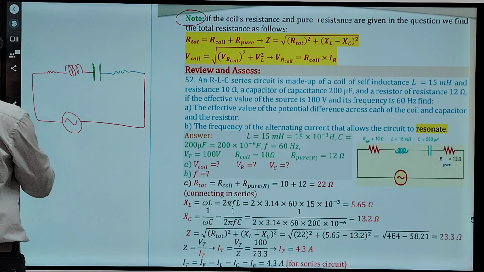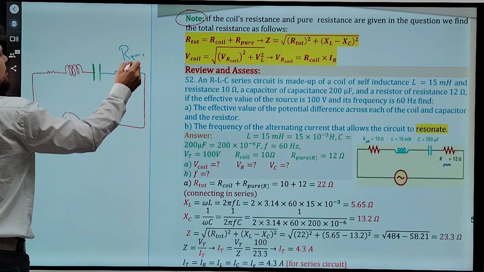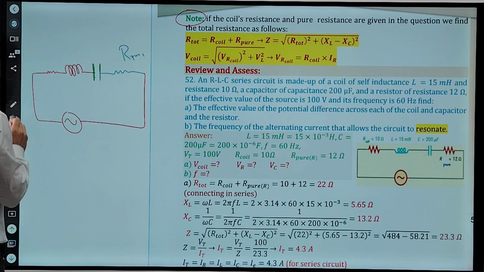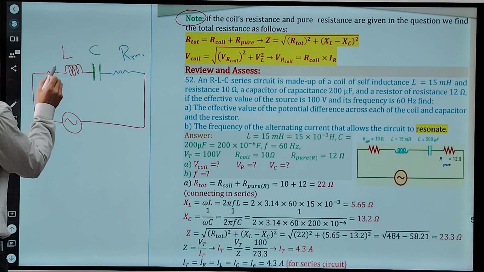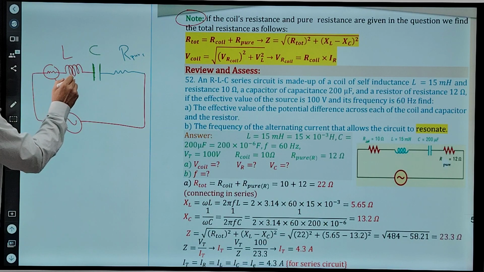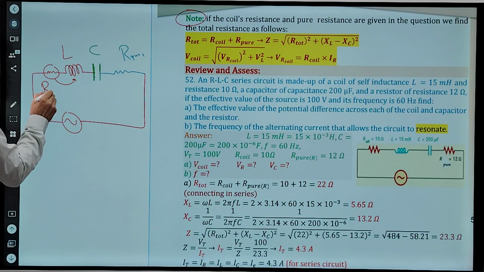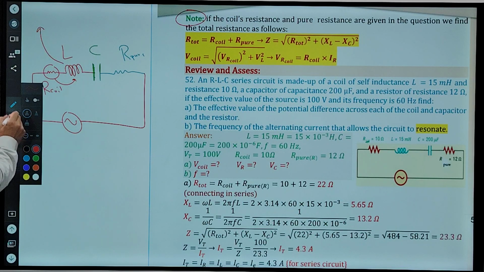Okay, what do we have? We have resistance here. This is pure resistance. What is this? Pure resistance. And what is this? Capacitance. And this is inductance. What about this resistance? This resistance is the resistance of the coil. Resistance of what? R coil. What do you mean by R coil? The resistance of the coil. It means that this coil is not pure.